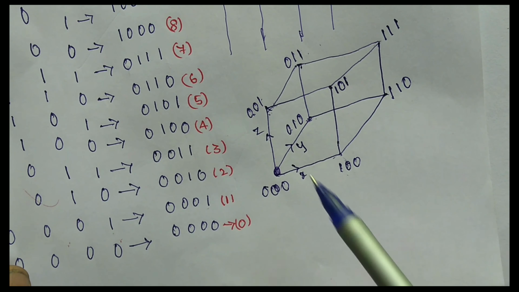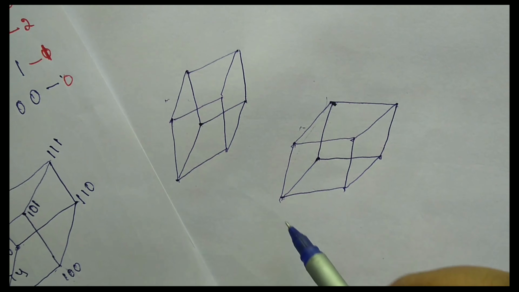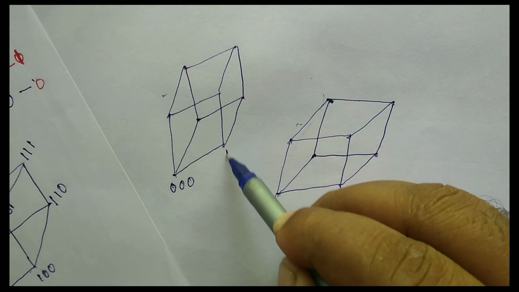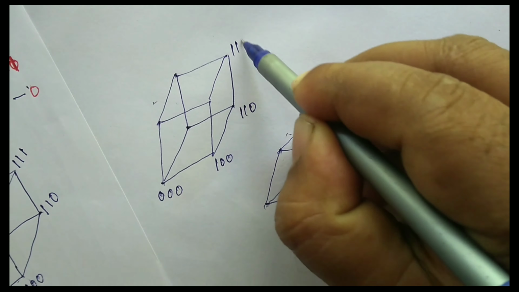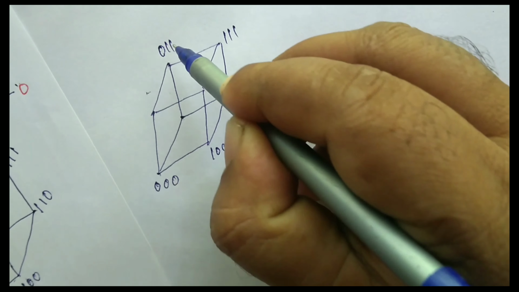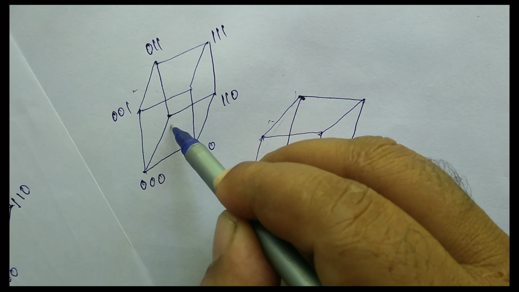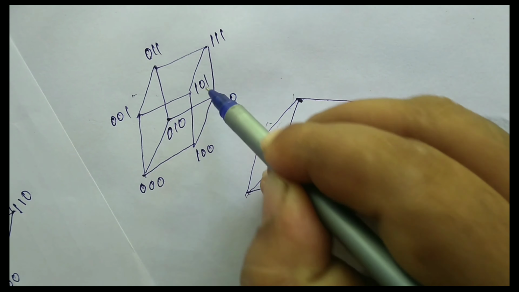Same as the first one, you mark this code 0, 0, 0, in the same order. That is 0, 0, 0, 1, 0, 1, 1, 0, 1, 1, 1, then 0, 1, 1, 0, 0, 1, here 0, 1, 0, 1, 0, 1.